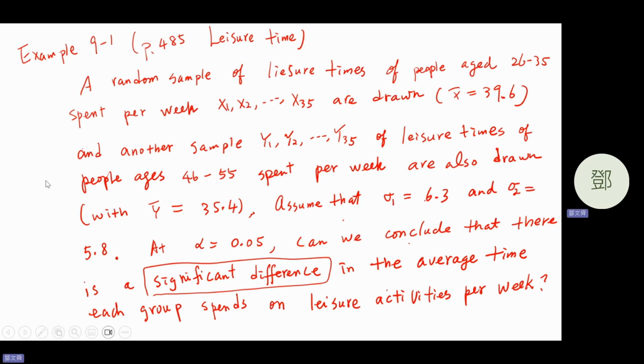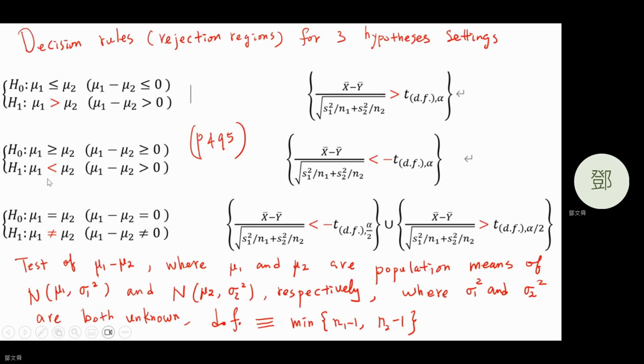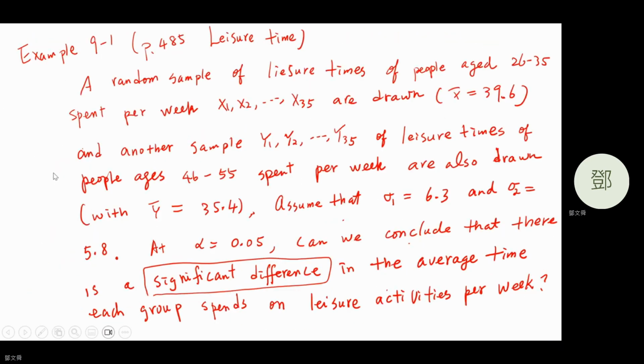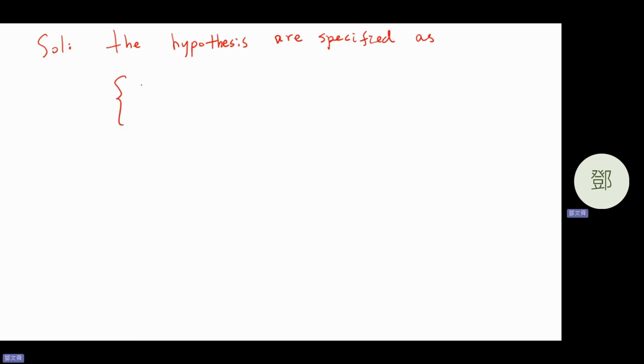Okay, so solution. As the null hypothesis, mu1 minus mu2 equals 0.